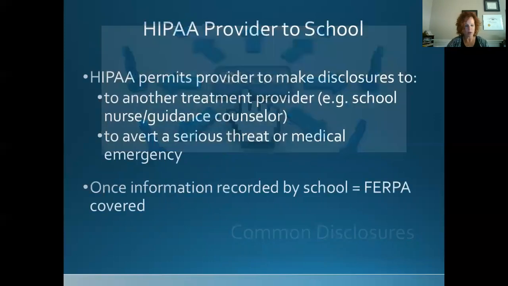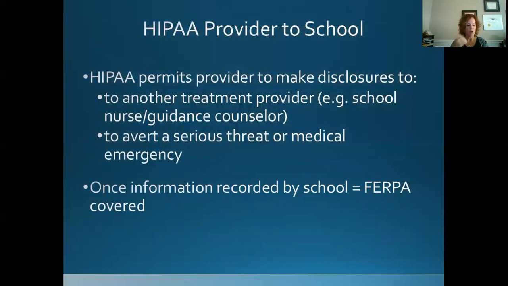So let's start with disclosures a HIPAA-covered provider can make to school officials or school employees. As we talked about, HIPAA permits providers to make disclosures to another treatment provider. So that could be a school nurse or a guidance counselor.